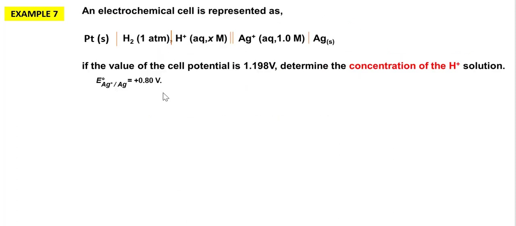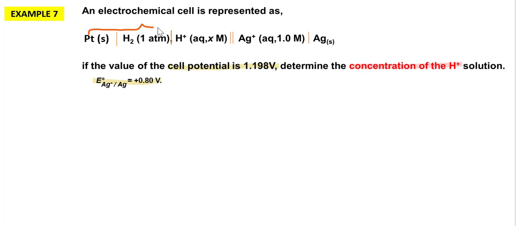For the next example, we have a cell notation. Given the value of the cell potential, the E cell, is 1.198 volt, the question asks us to determine the concentration of the hydrogen ion. And we also have the E naught half cell of the silver. As usual, first we are going to take out the half cell equations.